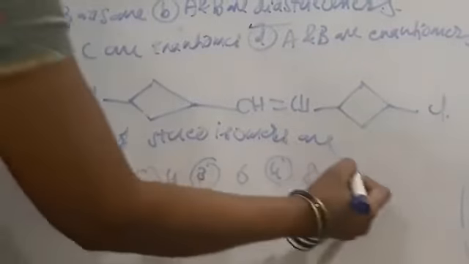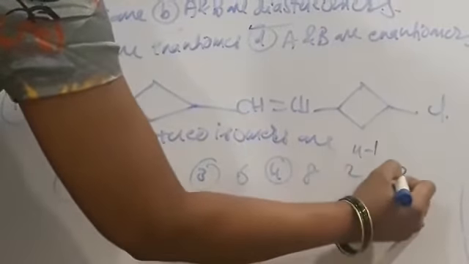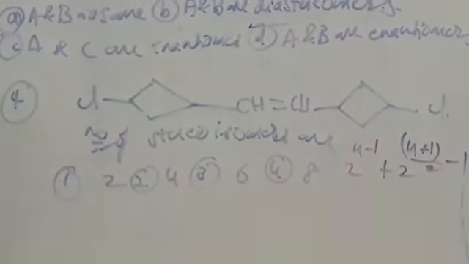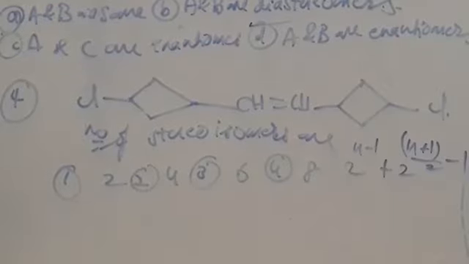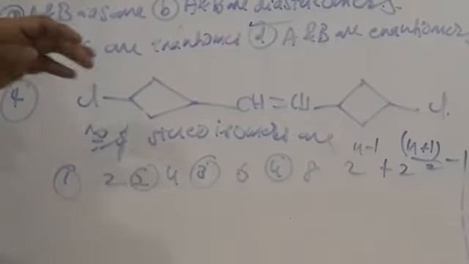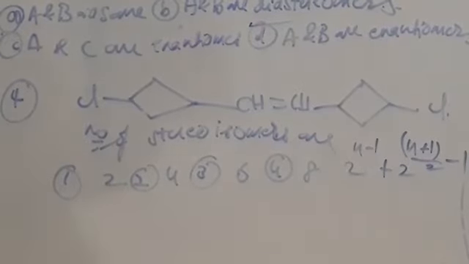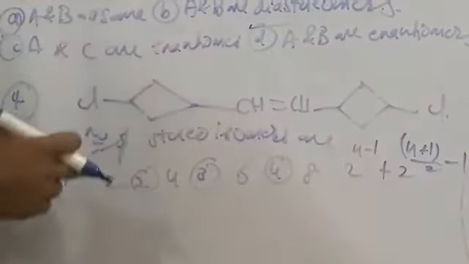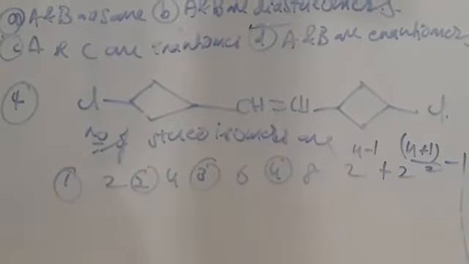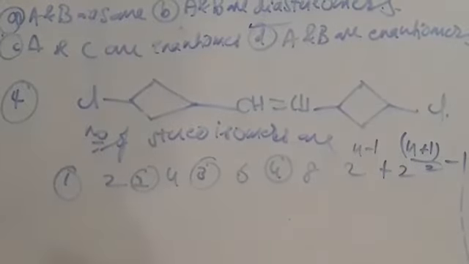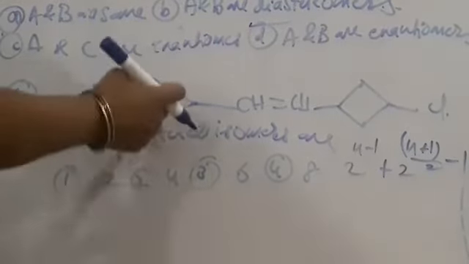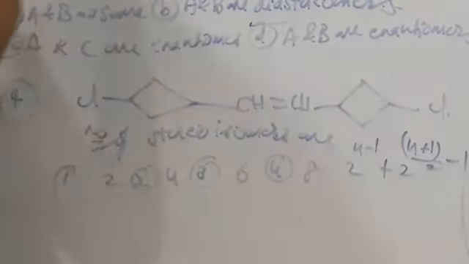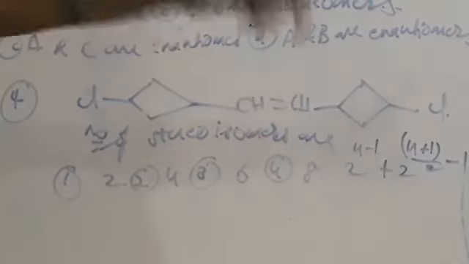So what is n here? n indicates the number of double bonds. Here it contains 1 double bond and 2 cyclic rings. Just now I told you a cyclic ring is also a double bond. So 2 cyclic rings, total number of double bonds here is 3. So n is 3.